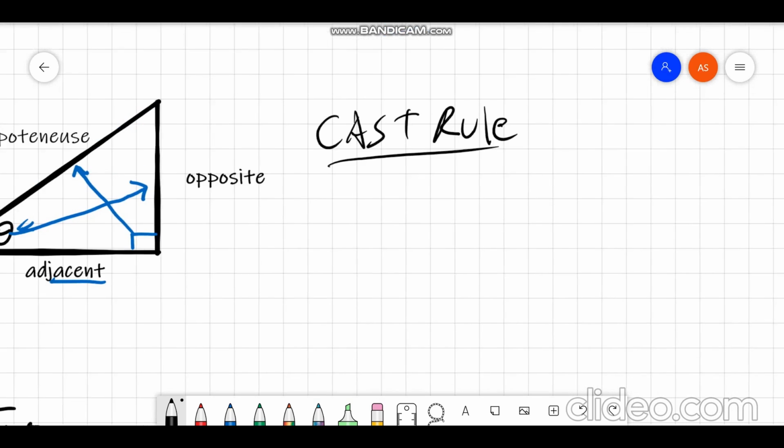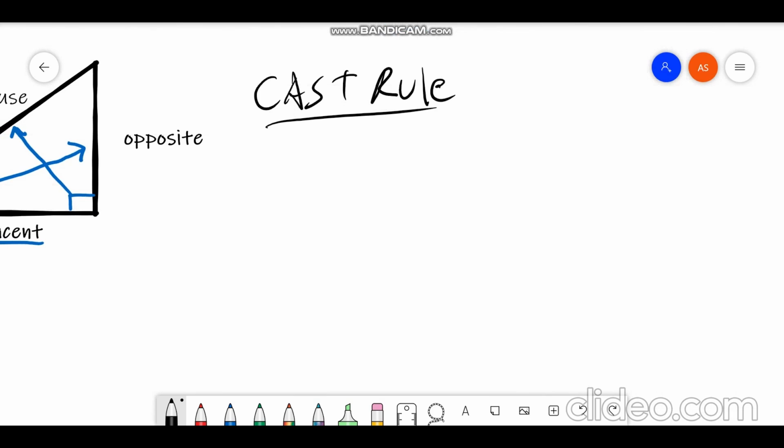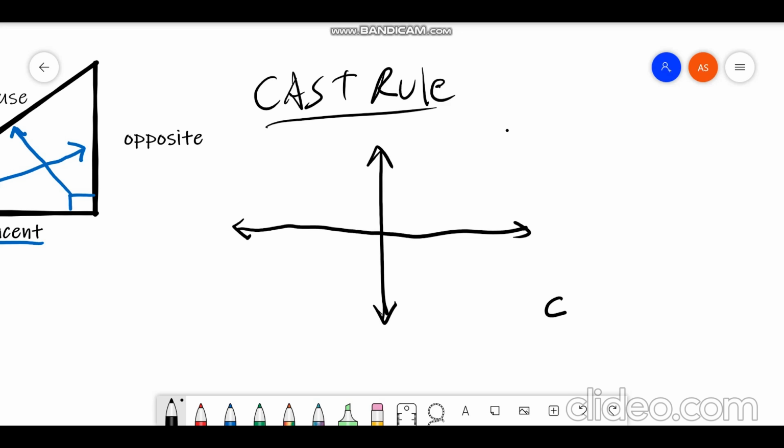Now let's look at something that will help you find the sign of the ratio depending on the different quadrants. We'll start by writing CAST, starting from the bottom right.